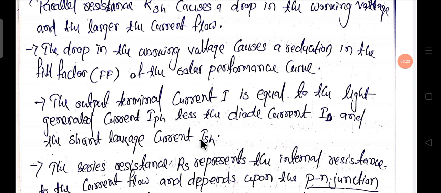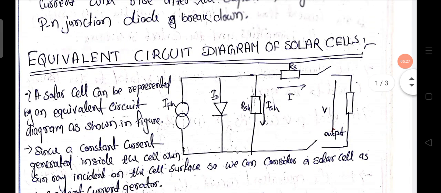This is our load current I. This load current is equal to IPH, which is generated from the solar cell, minus ID minus ISH.